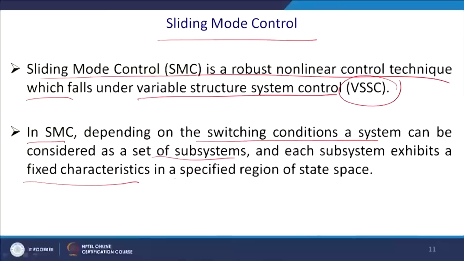Each subsystem exhibits fixed characteristics in a specific region of the state space. Thus, you split it. Instead of looking at the holistic system, you split and write a different state space equation for each of the subsystems.